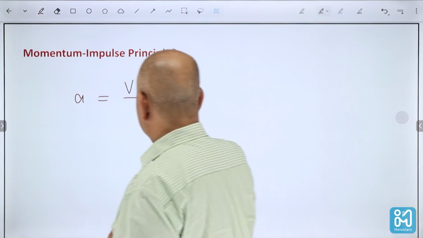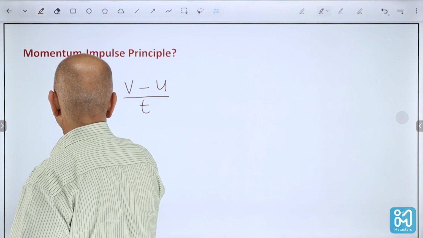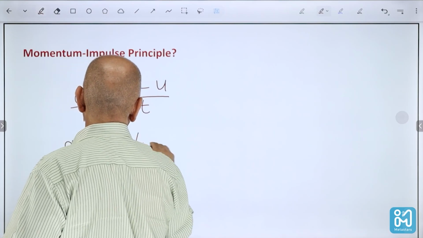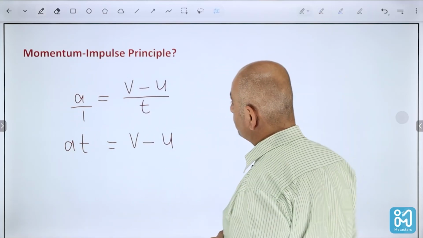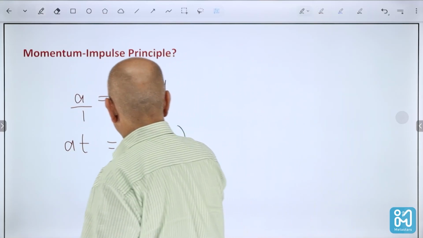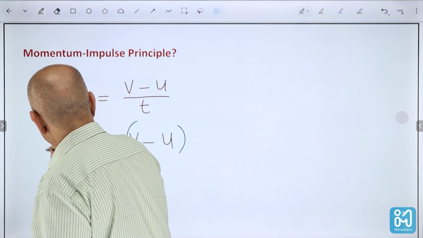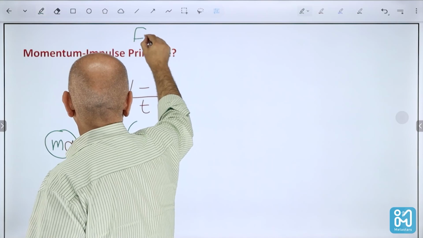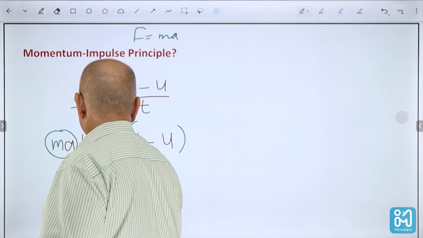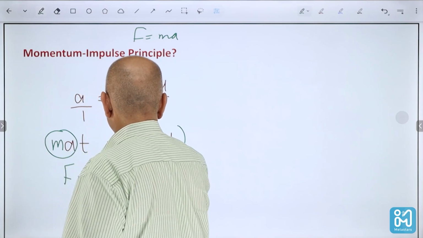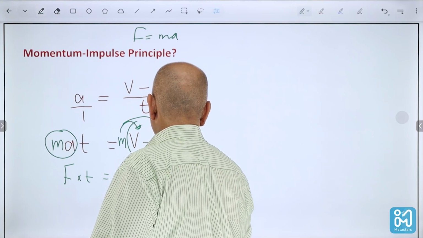If you do a cross product here, then you're going to get A times T equals V minus U, right? And now what I want from you is just to multiply both sides by M. If you multiply both sides by M, then you're going to get this. What's MA? F equals MA. So MA is force. Force times time equals M times V, which is MV, minus M times U, which is MU.